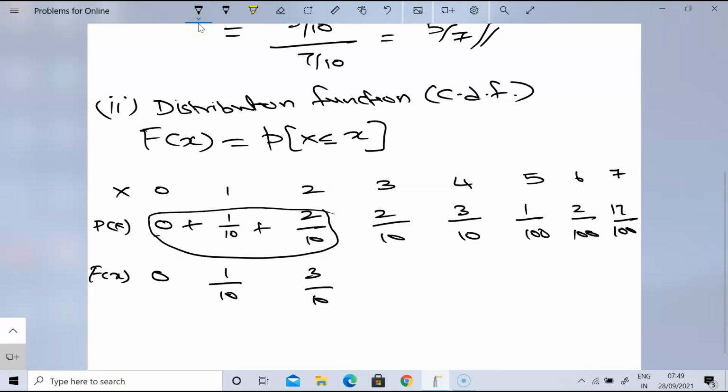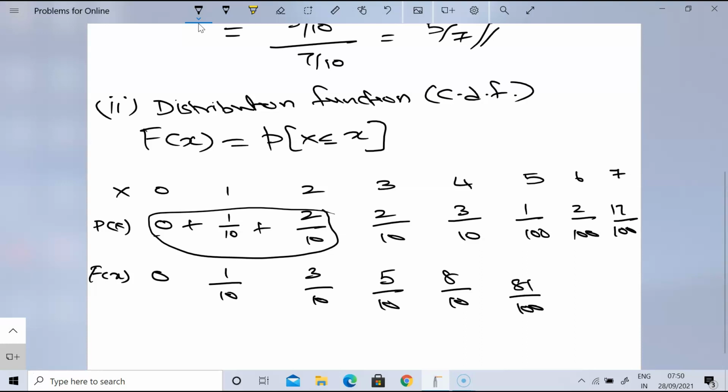Okay. Next, when I come here, fully you need to add, in the sense that this number plus that number. So it is 5 by 10. Next, 8 by 10. And here it is 81 by 100. You just add this. It's just an addition.